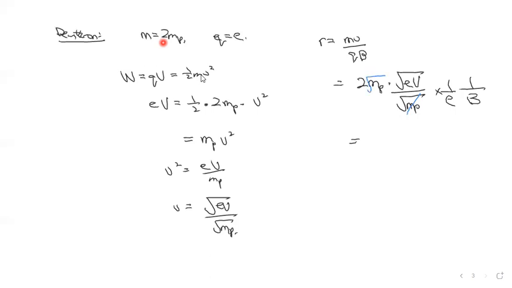And of course, the e and e cancel a bit. So you get 2 square root m_p times V all over eB. So this is the radius of the deuteron.